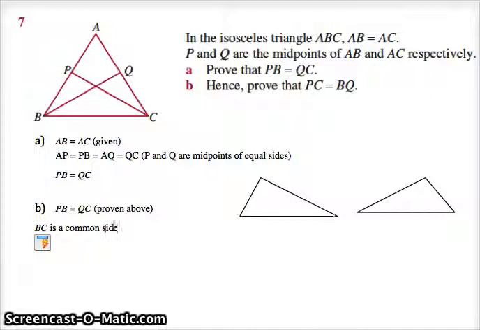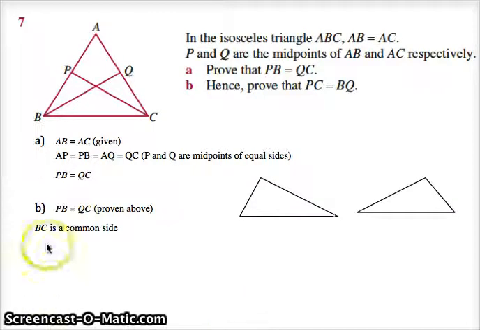And we're looking for one last piece of information in those triangles. Now, because ABC is an isosceles triangle, angle ABC, or PBC in this triangle, equals angle ACB, which is angle QCB.